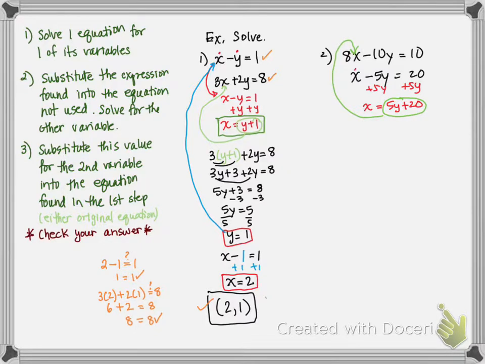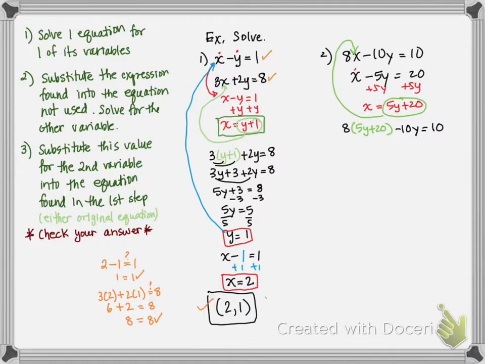So that's going to give me 8 times the quantity 5y plus 20, minus 10y equals 10. So again, if you notice, we're just doing a lot of mathematical gymnastics.